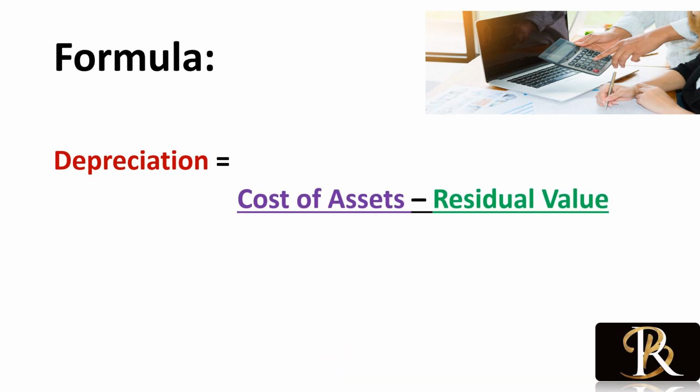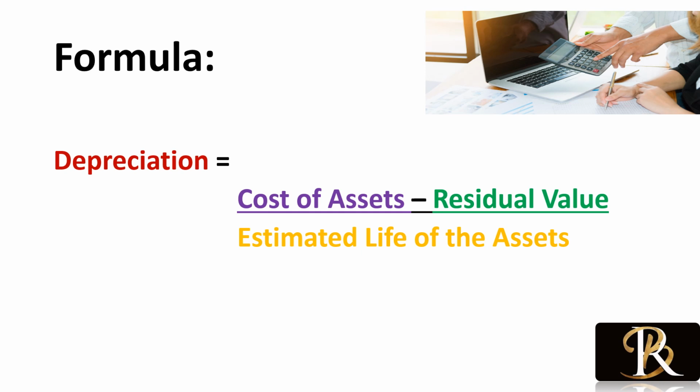depreciation, and the formula here is depreciation is equal to cost of the asset minus residual value divided by estimated life of the asset. Here the cost of the asset means the purchase value plus the installation plus the purchase expenses.